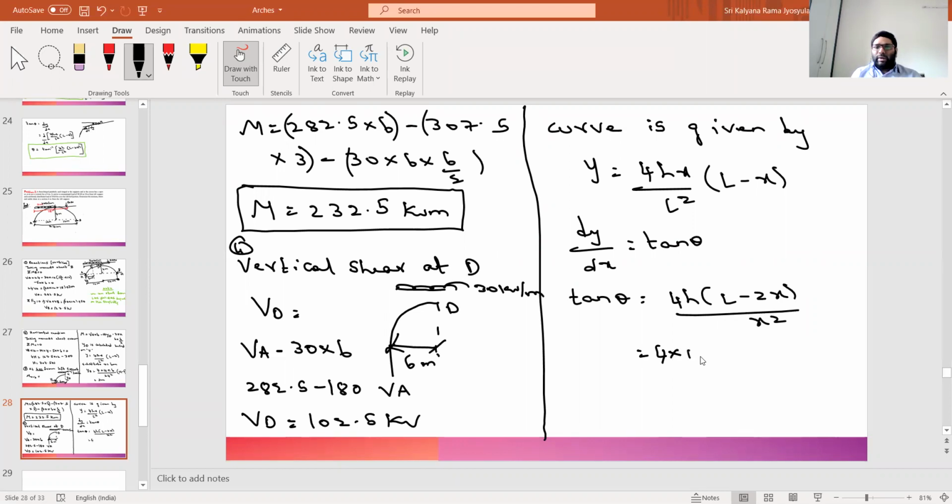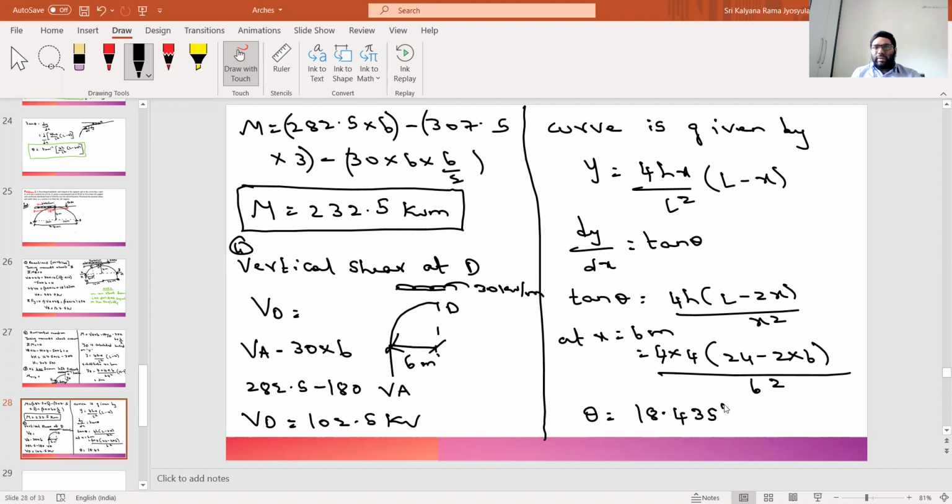Substitute it. So 4 into 4, 24 minus 2 into 6, at x equal to 6 meters, divided by 24 square. So from tan theta, theta is equal to 18.435 degrees, when you substitute all the parameters.